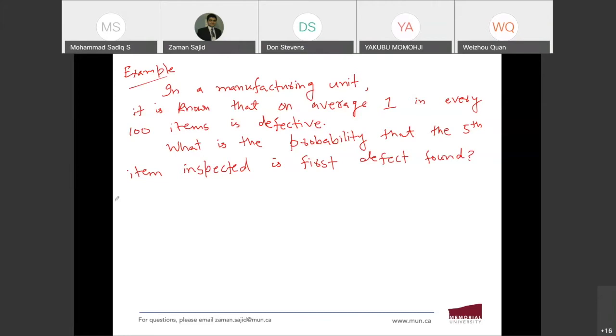Now first we need to find out the probability P. We know that it is 1 in every 100, so it will be 1 over 100, which is 0.01. That is your failure probability, basically.